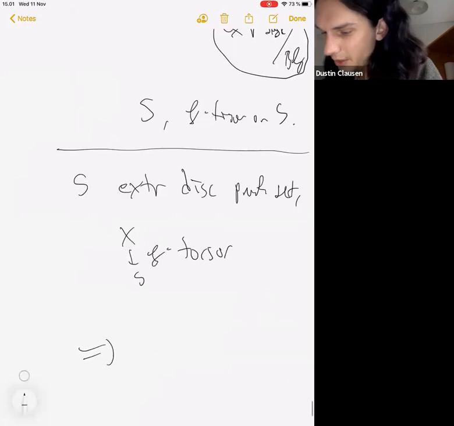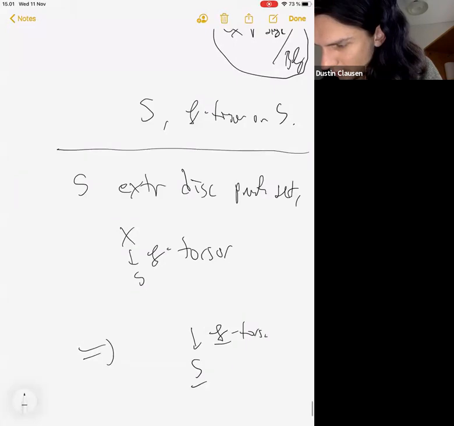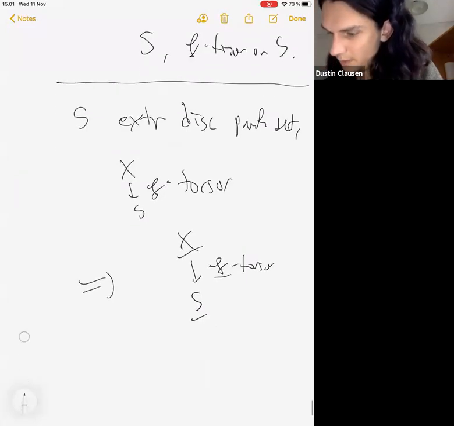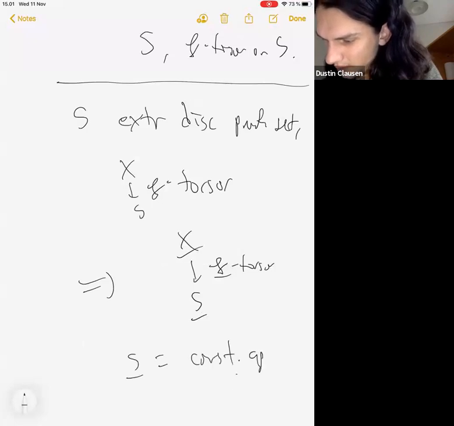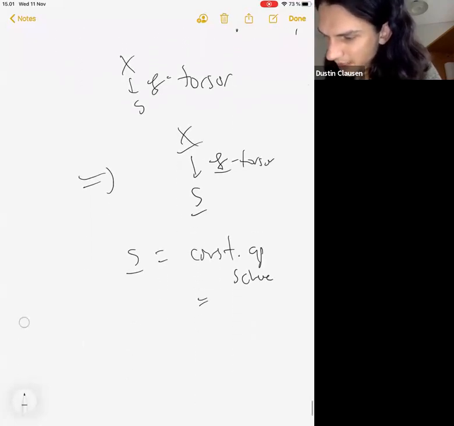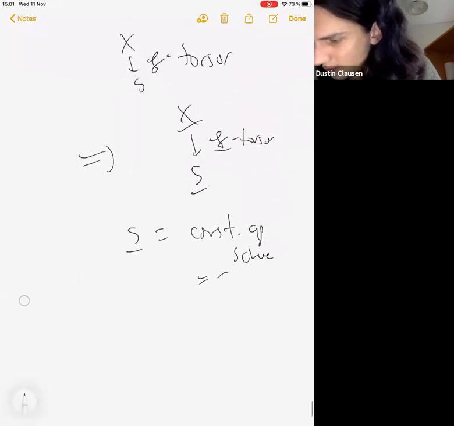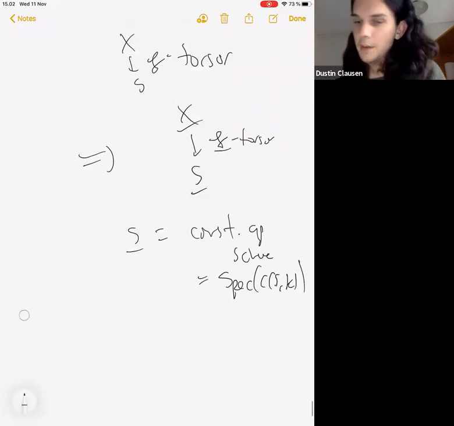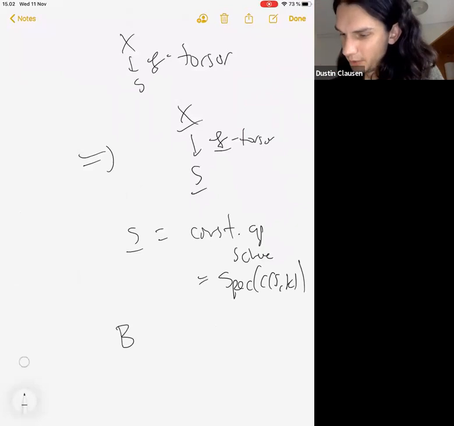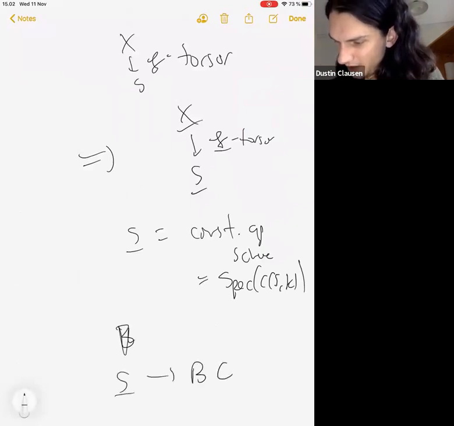Well, then if we apply underline, so S, this is the constant group scheme, which is the same thing as Spec of the continuous functions on S with values in K. We get a torsor for the algebraic group G over S, and so in other words, we get a map from S to BG.